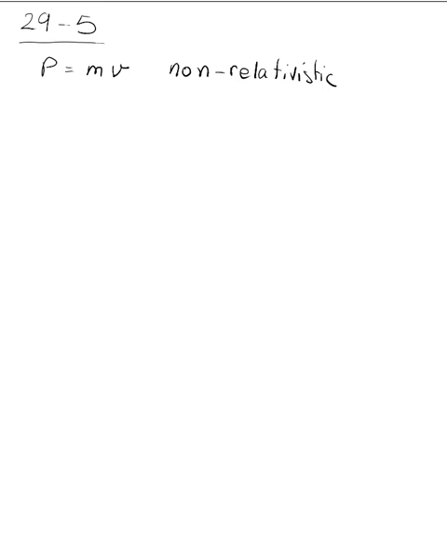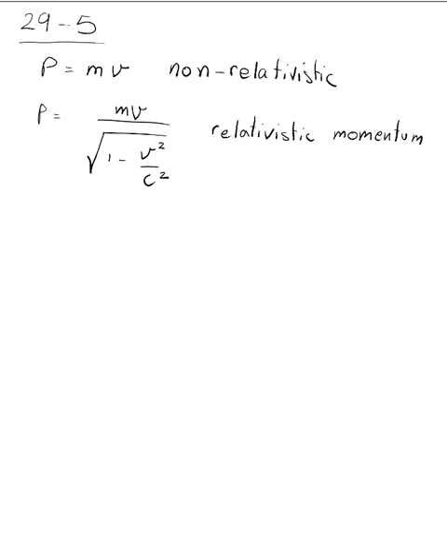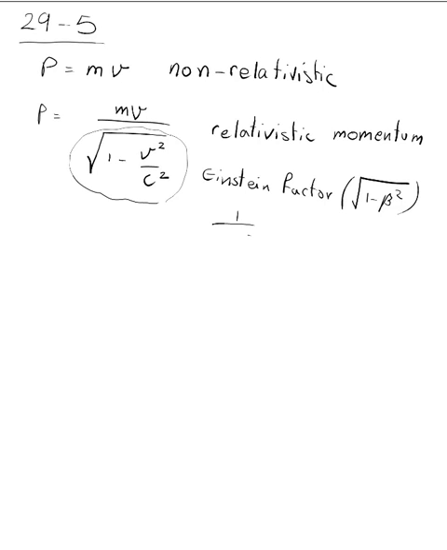According to Newtonian physics, we know that momentum is defined to be mass times the velocity. Now, we want to know what the relativistic momentum is. Again, we need to work with this factor, which is called the Einstein factor. Shortly, 1 minus beta squared, and this whole 1 over the square root of 1 minus v squared divided by c squared is called gamma, or the Lorentz factor.